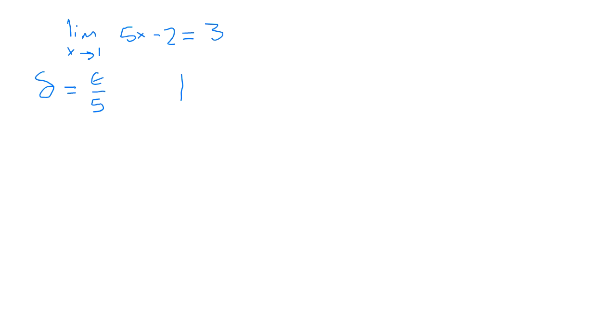So we have our 5x minus 2 minus 3. And we know that's going to equal 5x minus 5. Well, as we saw earlier, we can plug that in and pull out that 5 to get us back to our |x - 1|.